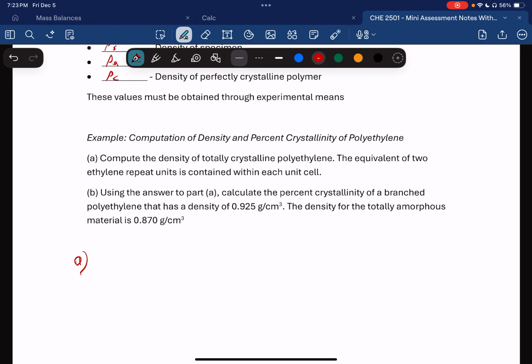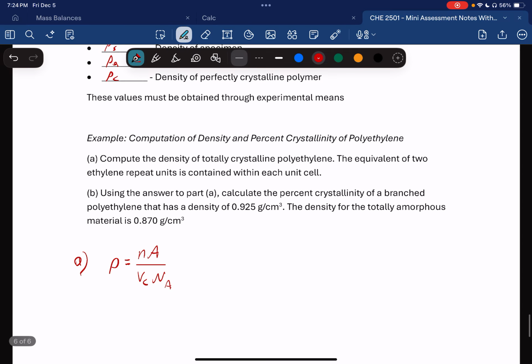So let's go back and remember this formula from earlier in the course when we were looking at unit cells of metals. N here represents the number of repeat units within the unit cell, and we're not really focusing on moles here, and A is the molecular unit weight. So let's go ahead and specify A here.